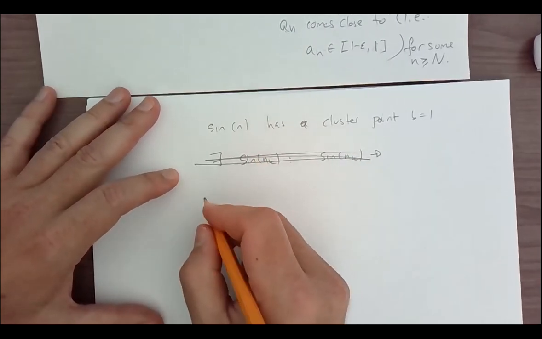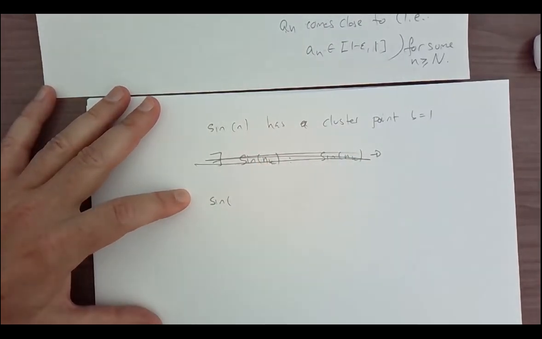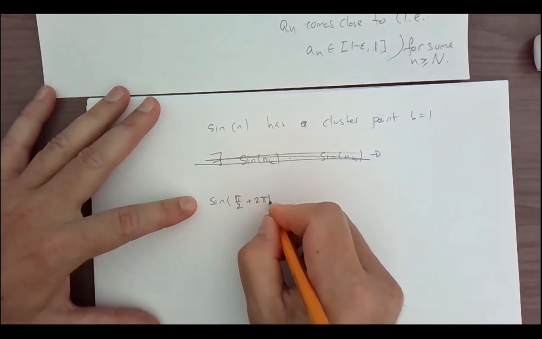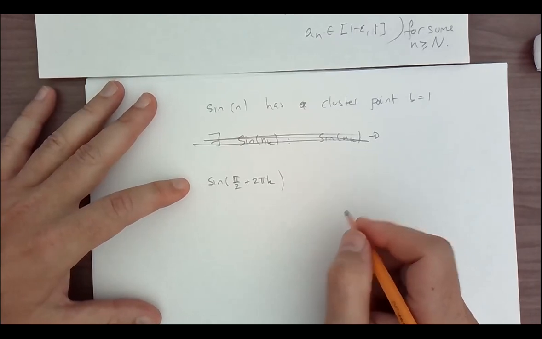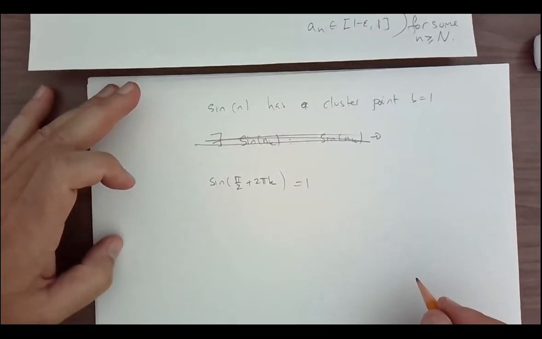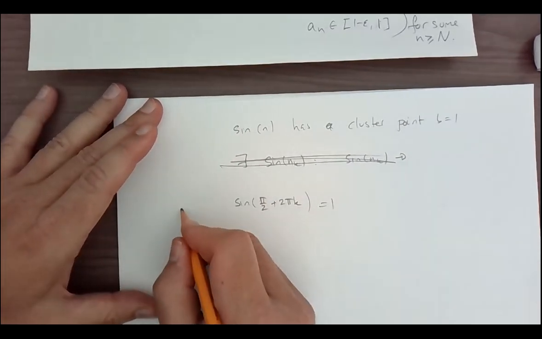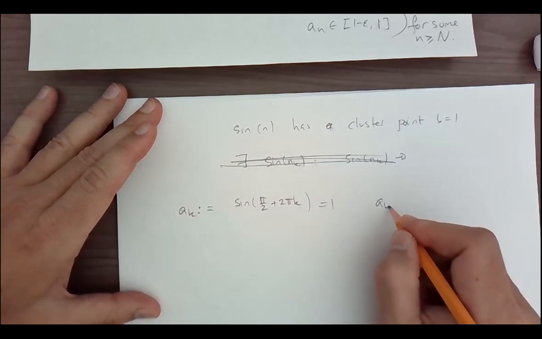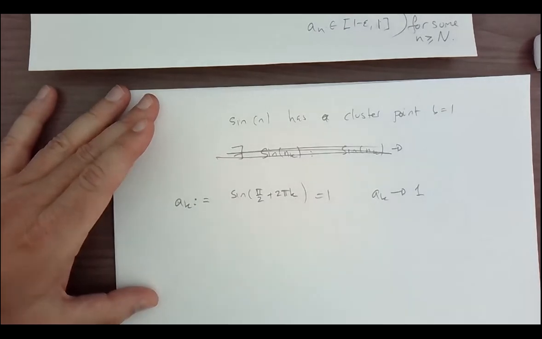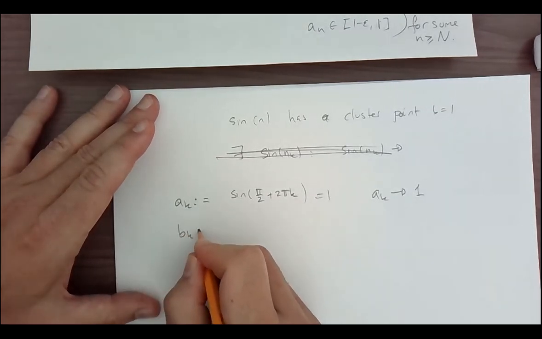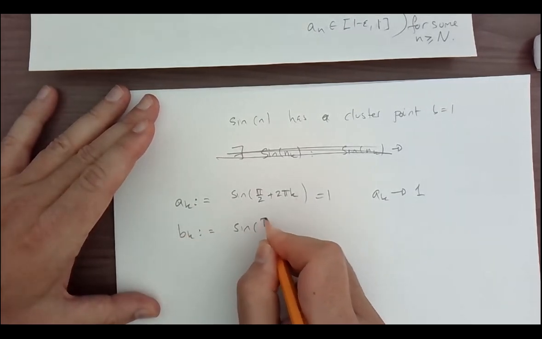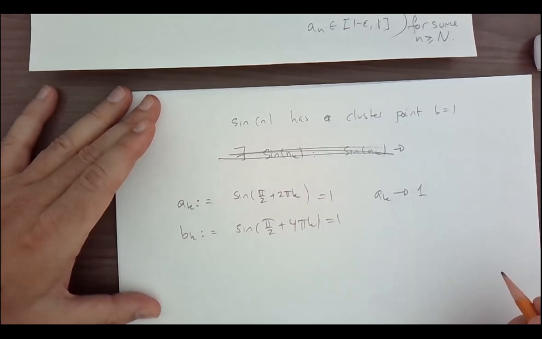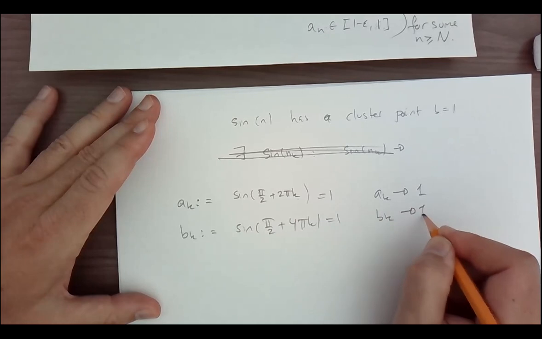Let me write it down with the natural numbers. If I take sine of pi over 2 plus 2 pi k, this would be 1. So this could be your sequence a_k. That would converge. a_k would converge to 1. But we can find lots of other ones, right? You can also have a b_k that's equal to sine of pi over 2 plus 4 pi k. These are always going to be equal to 1, right? So b_k is also going to converge to 1, but they're not the same.